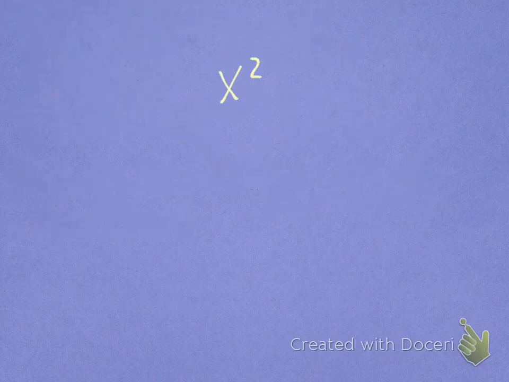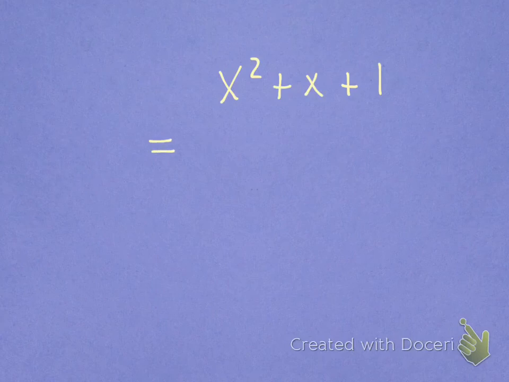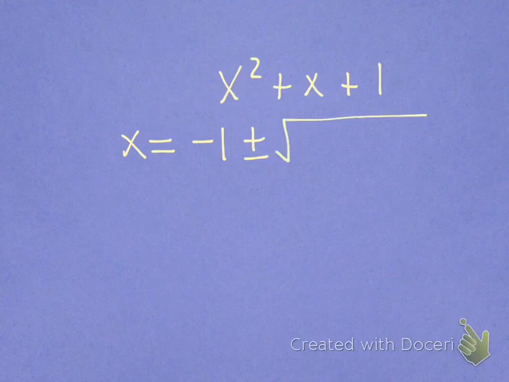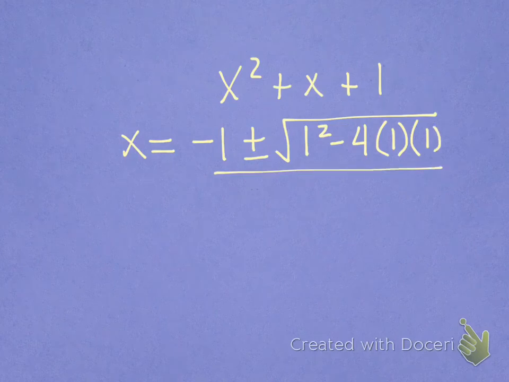So x squared plus x plus 1, I need to know the zeros because that will tell me what my factors are for my factorization. Using the quadratic formula, x equals -b, our b is 1, plus or minus the square root of b squared, so that's 1 squared, minus 4 from the quadratic formula, times 1, our a, times 1, our c, all over 2a, which is just 2 because a is 1.